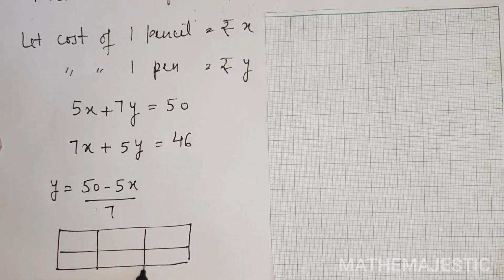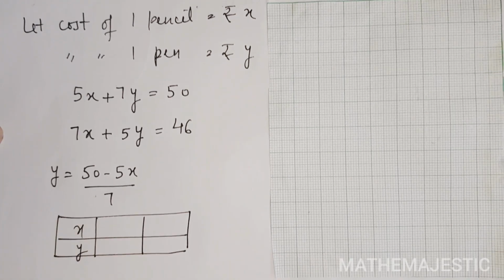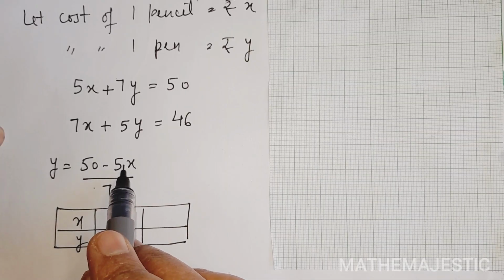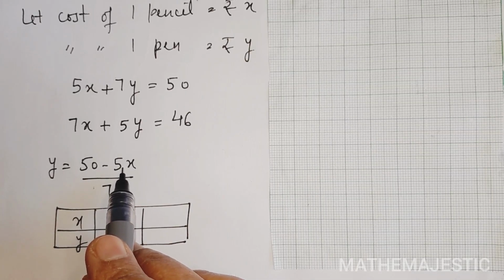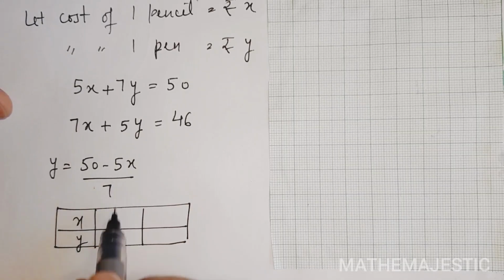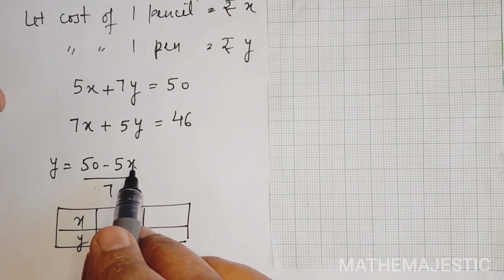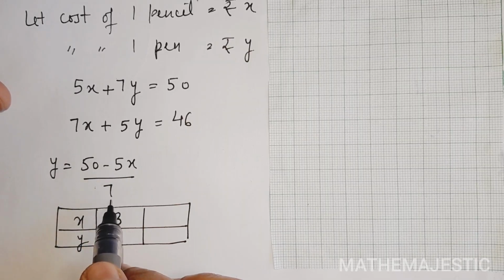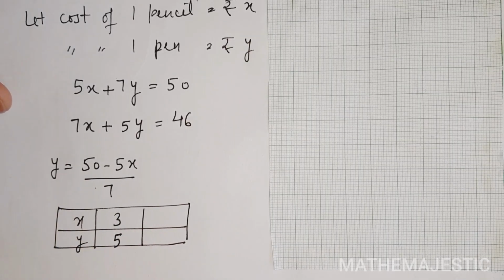So x and y we have to take here. If x is 2 or 1 you can take, 3 you can take, any suitable value you can take. So if we take x as 3, 5 threes are 15. 50 minus 15 will be 35. 35 by 7 will be 5.